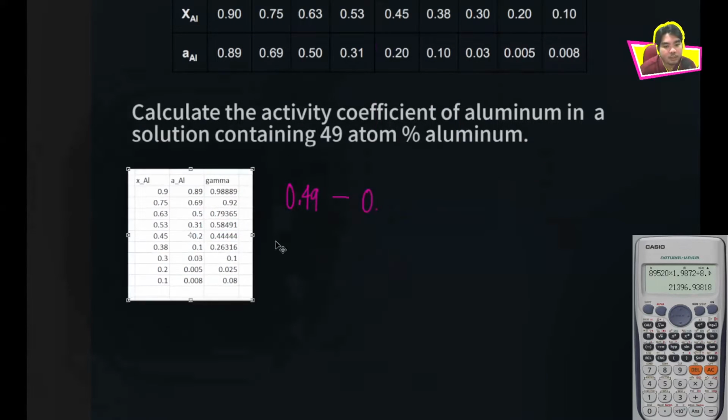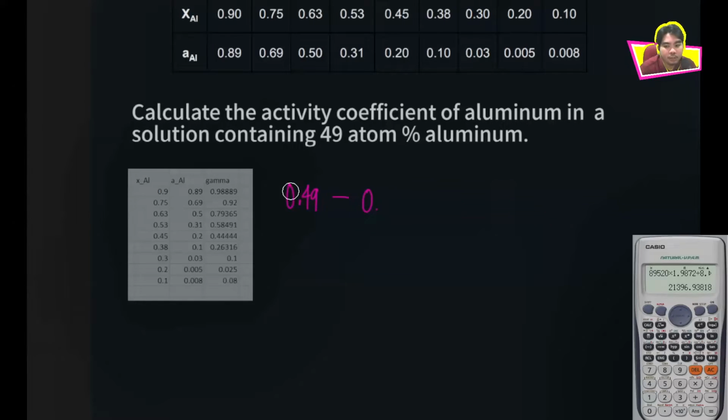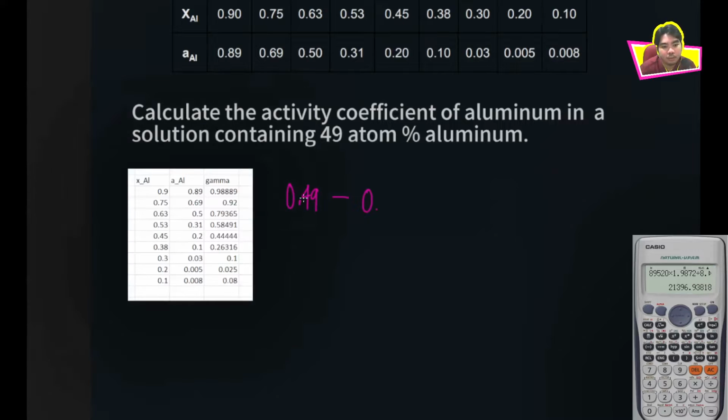Lipat natin siya dito. So, to do linear interpolation, ang gagawin lang natin is, we have 2 points kasi yung in between dito yung 2 values natin. Yung 0.49 kasi it's in between these 2 values, no?